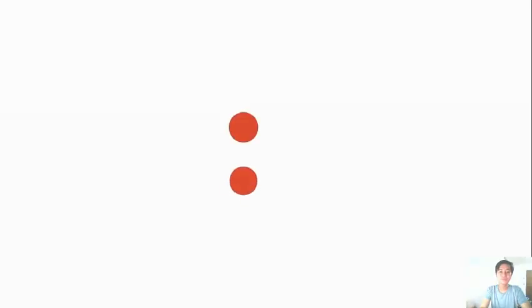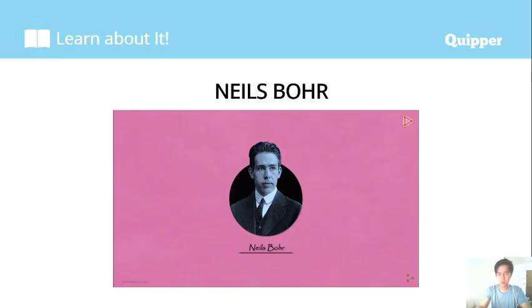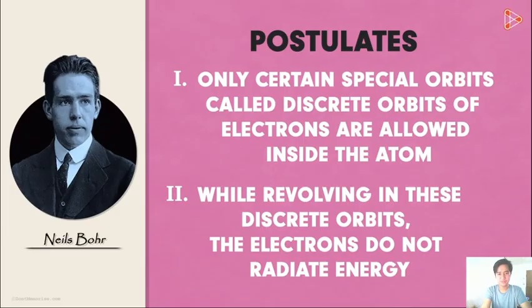Now, Niels Bohr, a student of Ernest Rutherford, refined the model of Ernest Rutherford. So these are the assumptions of Niels Bohr.